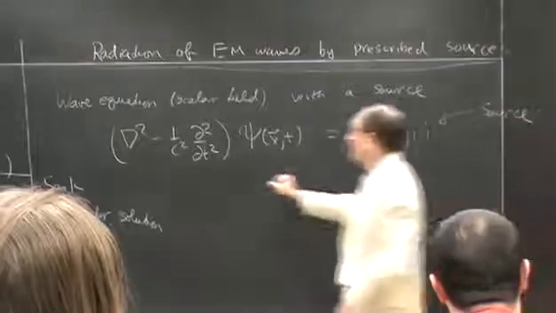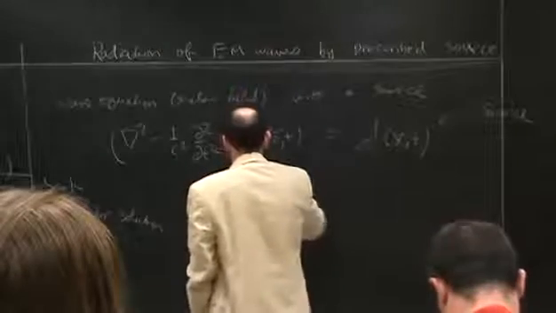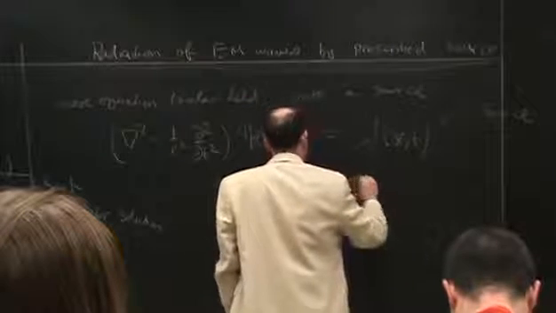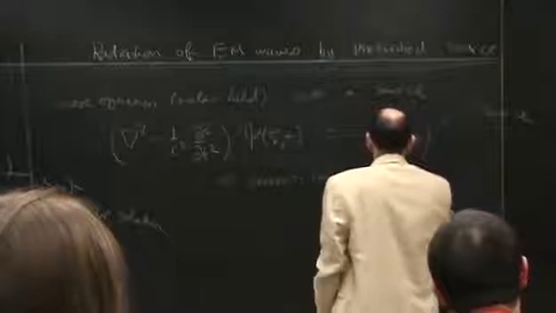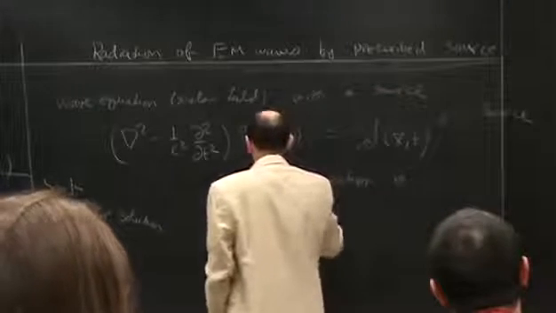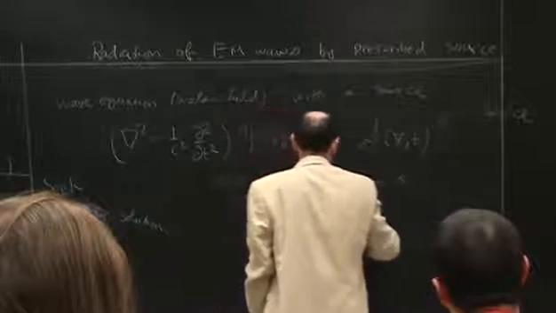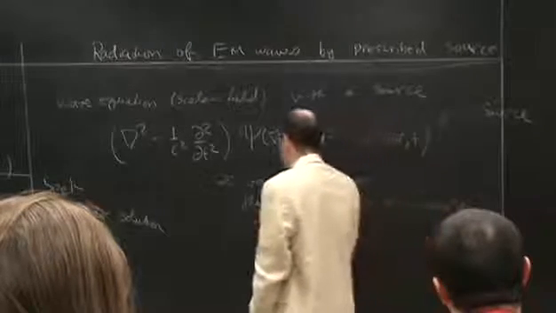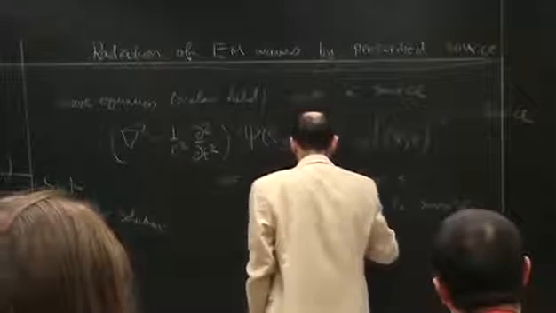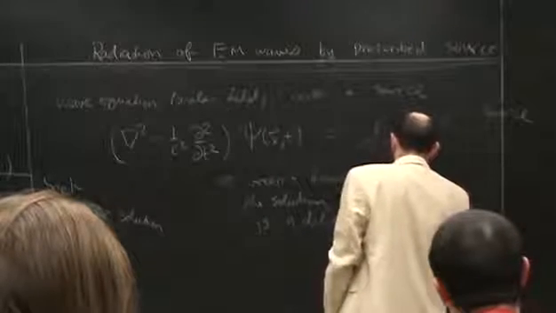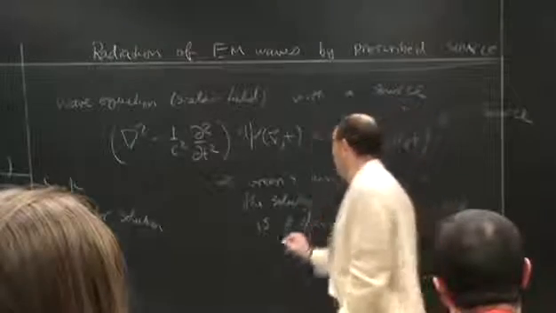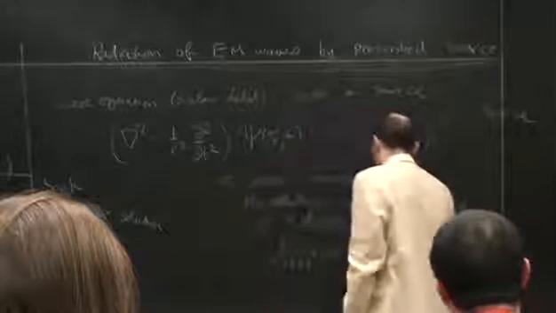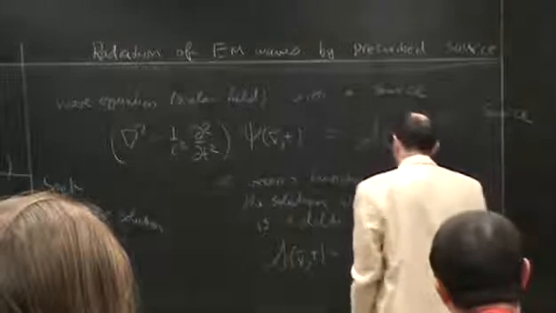So the Green's function is the solution when the source is a delta function. So instead of breaking up into Fourier components, we break up the source into delta functions.